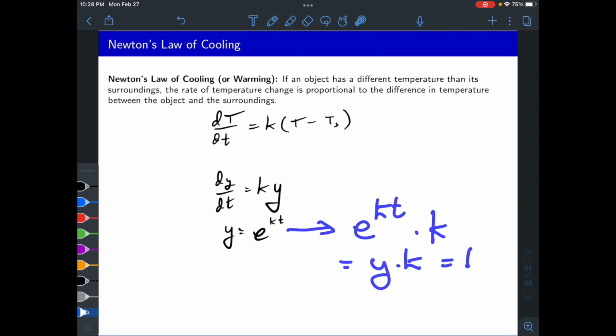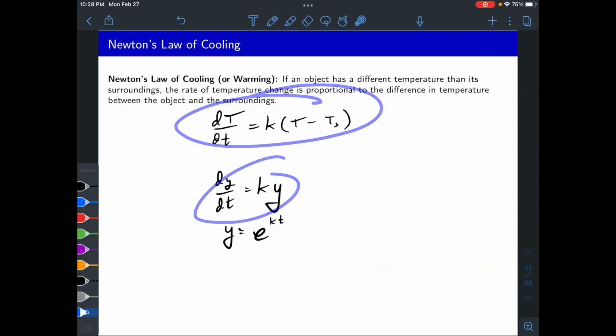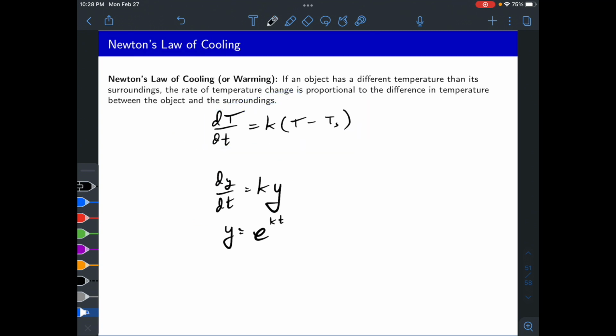But this equation is not so different from this equation, because if you were to replace y with T minus T sub S, where T sub S is just a constant value, and then ask what dy dt is, the derivative of y with respect to t is equal to the derivative of the right-hand side with respect to t. So we're doing implicit differentiation here.